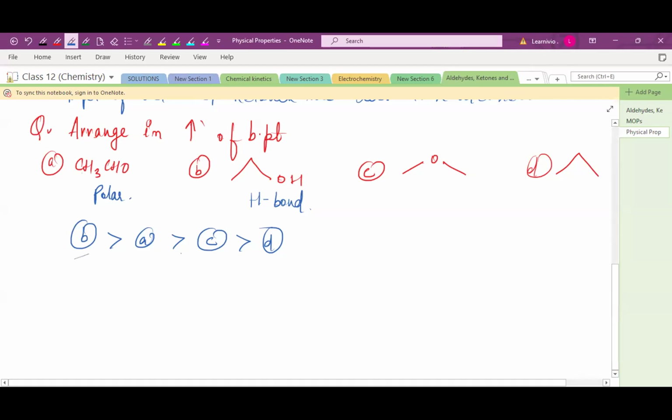So B, then after B, A, which is polar in nature, and you know very well this ether is slightly polar, weakly polar, right? So after A, it will be C, and this is a non-polar hydrocarbon. What about non-polar compounds? The boiling point is quite low. So this is the order of the boiling point. B will have the highest boiling point due to the hydrogen bonding, and D will have the least boiling point due to the non-polar compound. Clear?